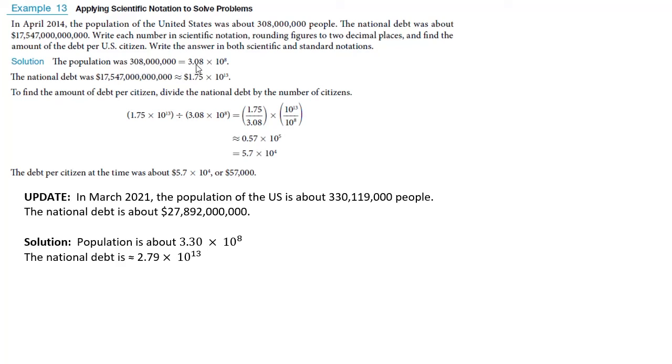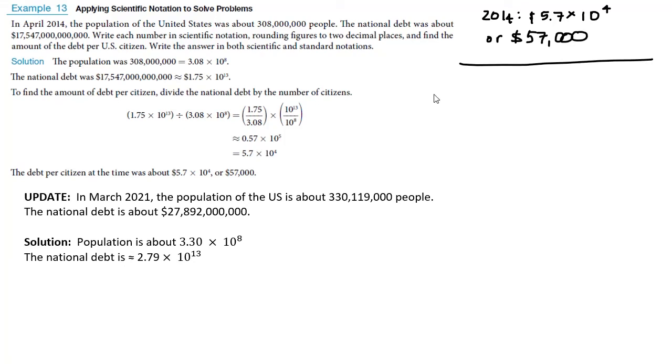So that of course is 3.08 times 10 to the power 8, and the national debt in scientific notation is 1.75 times 10 to the 13. And we do this calculation and we find that it's in 2014 in scientific notation, we have about 5.7 times 10 to the 4 per person national debt, or if we're going to write it just how we normally write it, it's $57,000 per person.